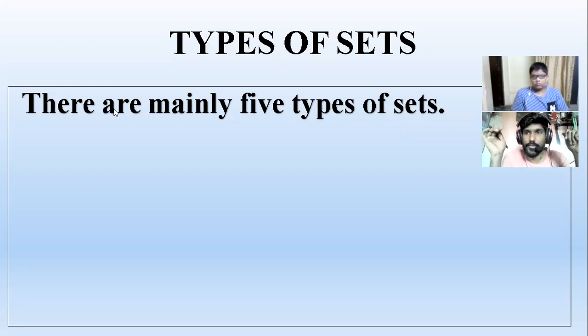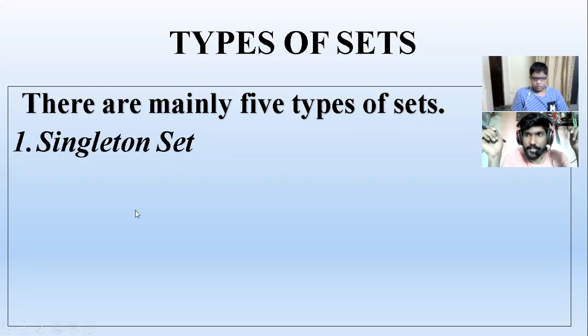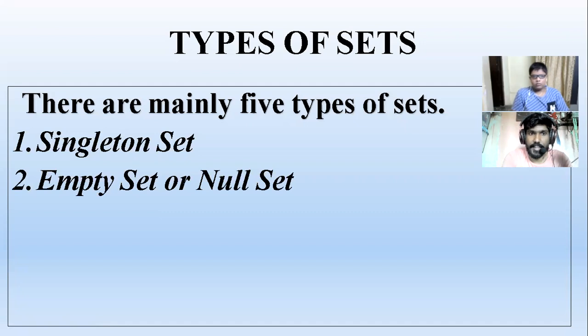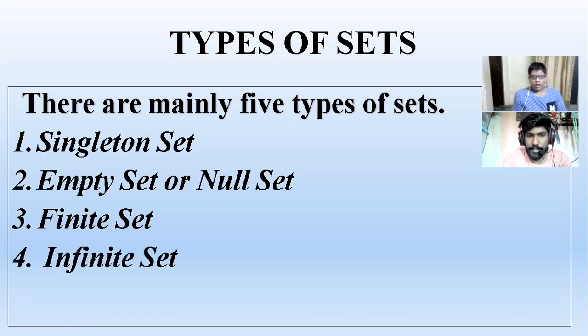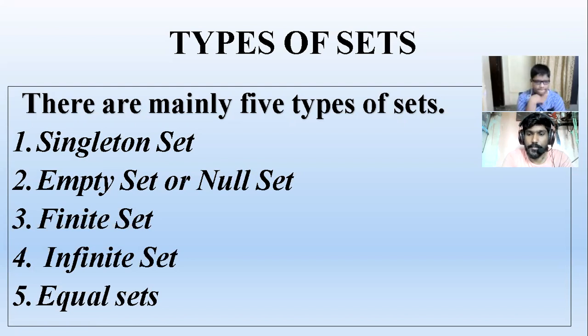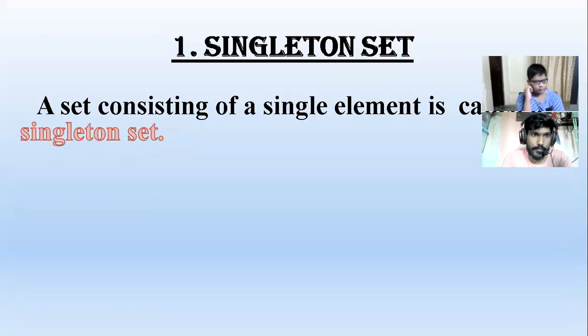There are 5 types of sets. The first is called the singleton set. Second is the empty set or null set, then finite set, infinite set, and equal sets. One by one, we'll see the definition, what these sets mean, and we'll see examples also.